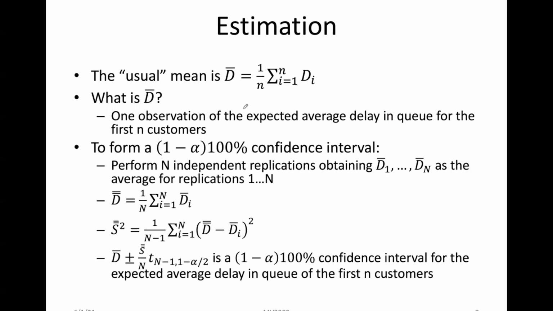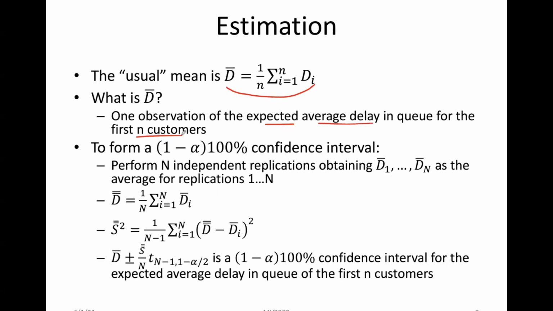Again, just thinking of our canonical delay in queue. Our usual mean, which is what we've been computing with our simple stats tally, is one observation of the expected average delay in queue for the first, say, n customers, or over the day, as we will see.